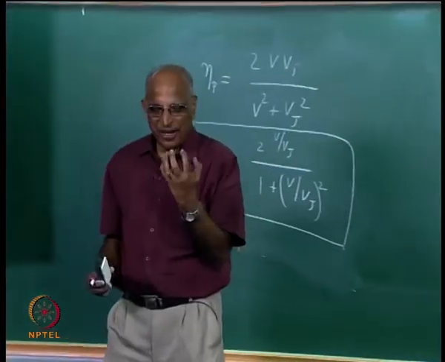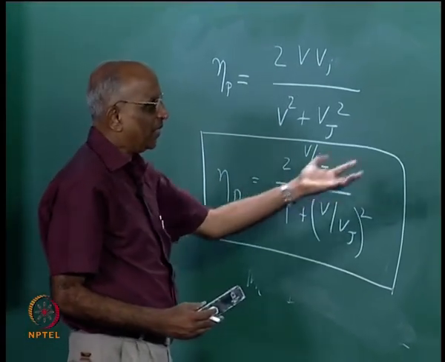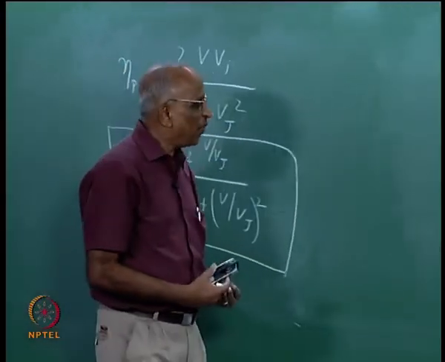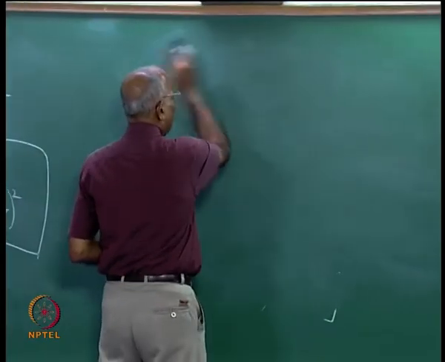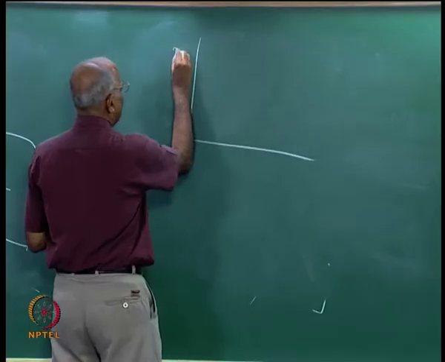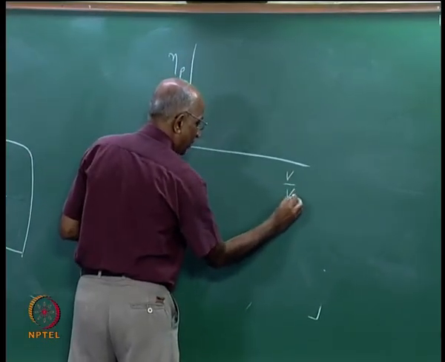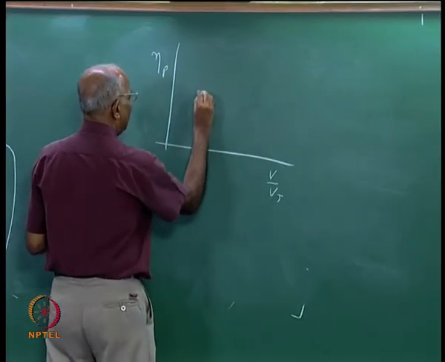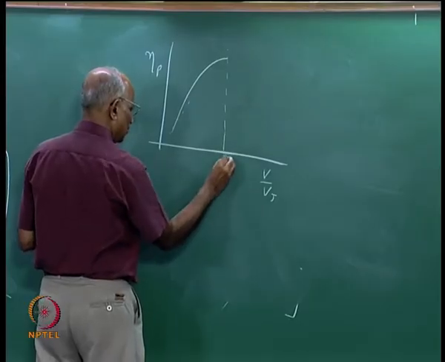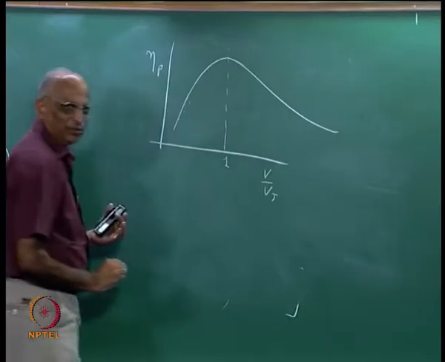But we must be able to draw inferences by looking at this, and by inspection itself we get what comes out of differentiating. All we are trying to say is, if I were to plot the propulsive efficiency of a rocket eta p as a function of its flying velocity divided by the jet velocity, the efficiency becomes a maximum when the ratio is 1 and thereafter it begins to go down.